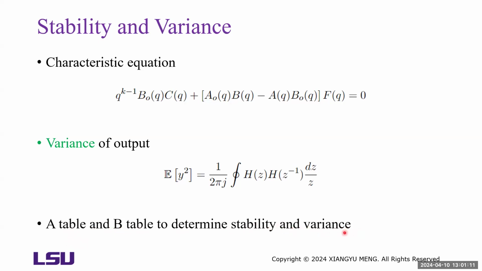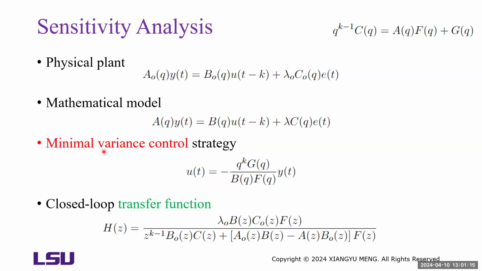Okay? So once we have the minimum variance control design, we have to evaluate the sensitivity of the optimum design. We have to make sure, since the design is based on a model different from the physical system, that the control design will also work on the physical system.